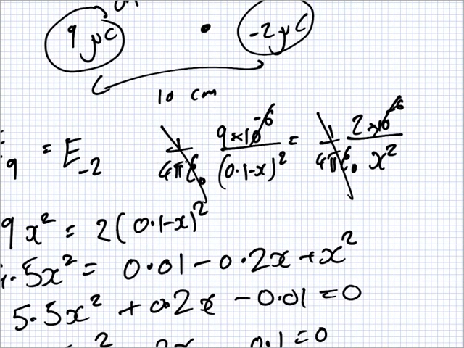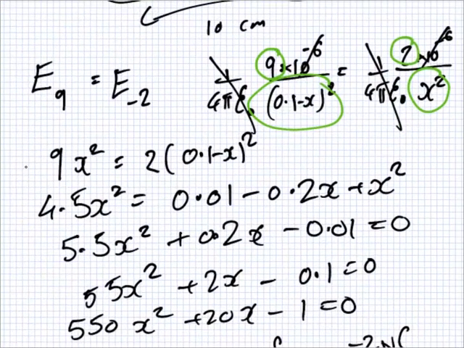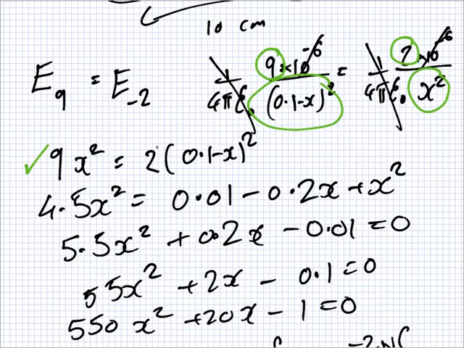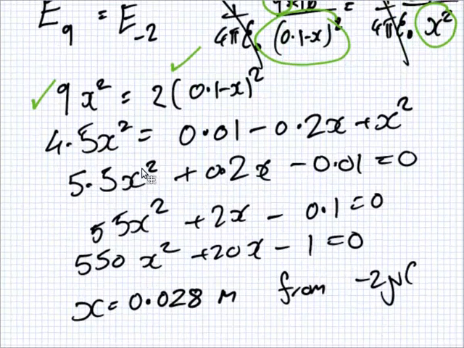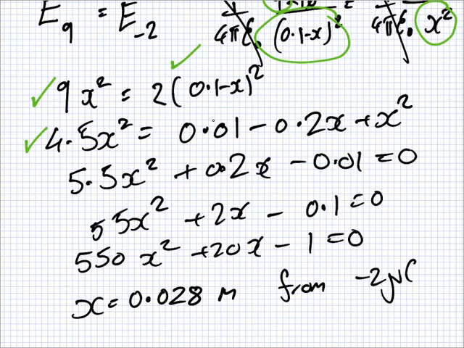Right, so that's correct, that's correct. So 9x squared is correct, and 2 times that's correct. 9 divided by 2 is 4.5. 0.1 squared. Okay, so that's right.